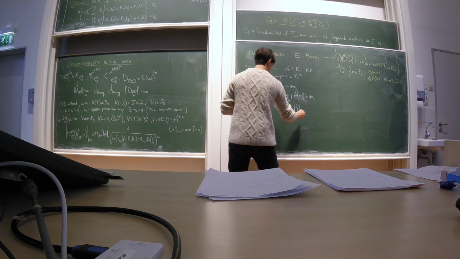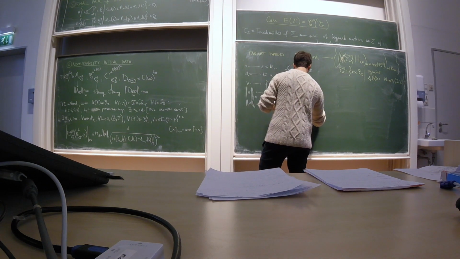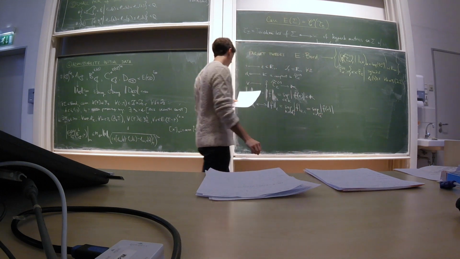Here, and this is the sup of f of sigma, where sigma is in the whole thing still intersected by epsilon.